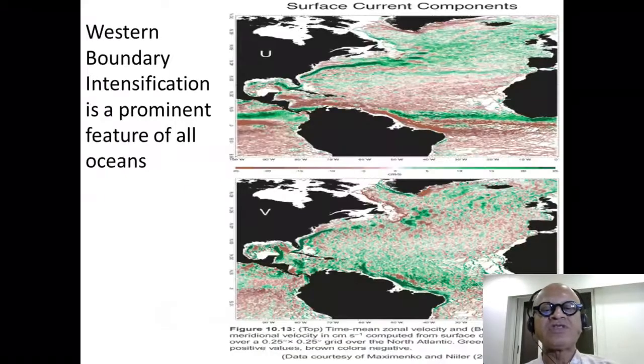It's kind of a heuristic argument, but nonetheless, in reality, we know that the currents on the east are broad, shallow, and weak. They bring cold temperatures from higher latitudes toward the tropics, whereas warm tropical waters are being carried to the north by the strong, narrow, deep western boundary currents.